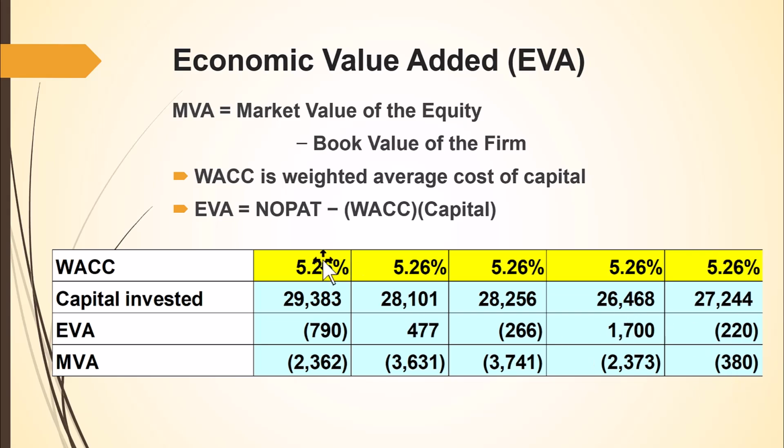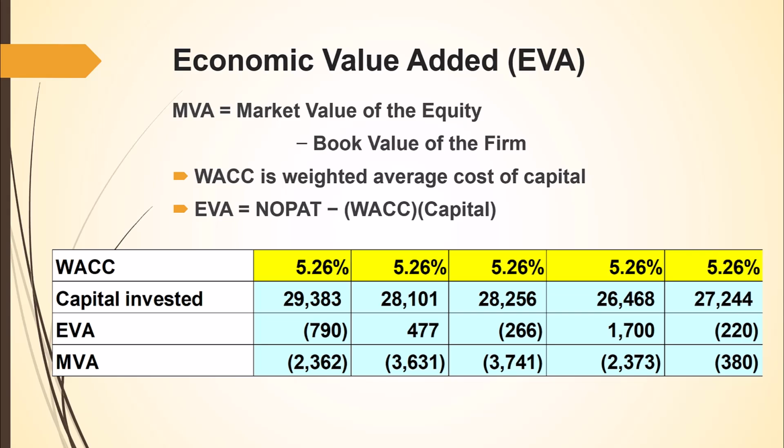We have the weighted average cost of capital again for the company, which we found is 5.26%. The economic value added is the NOPAT, net operating profit after taxes, minus the weighted average cost of capital times the capital. So what we find here, let's start with market value.